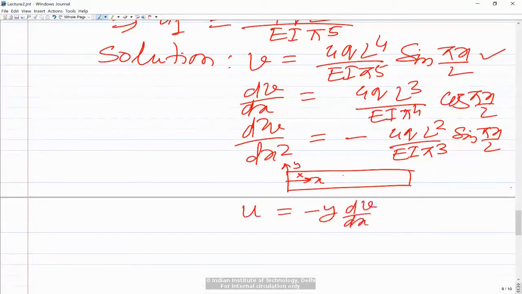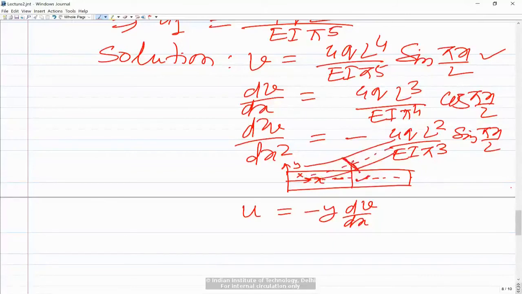So what is done here is that this is the beam in the undeformed configuration. When this beam bends, it may take some shape like this. This normal, which is here, remains normal to the deformed center line, but it rotates. So this is the rotation.